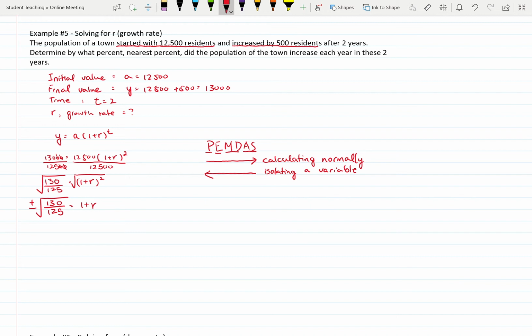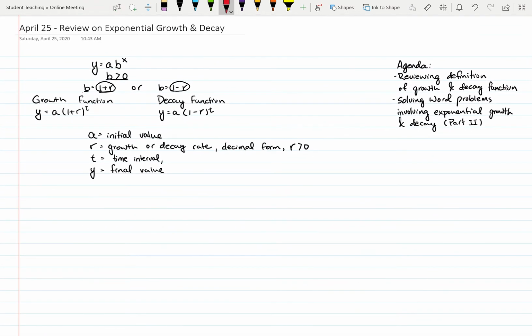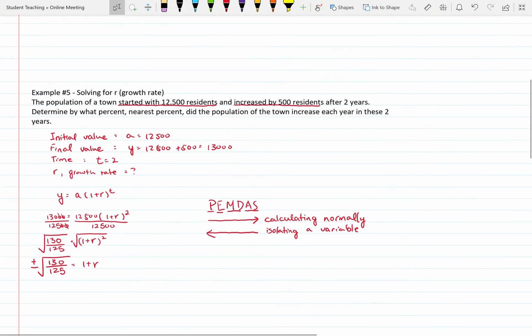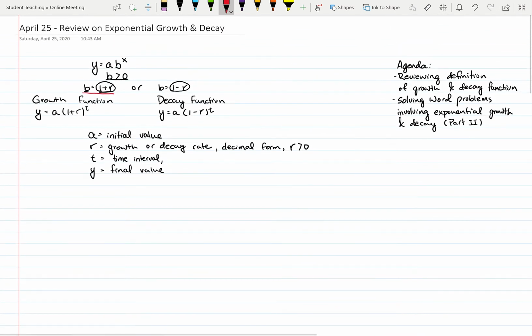Okay? Now, we need to find out which value works. Here it comes back to the definition. Look at this: b is either equal to 1 plus r or 1 minus r. Here we have 1 plus r. And the exponential function tells you that b has to be greater than 0.